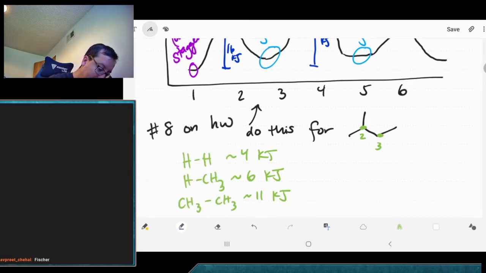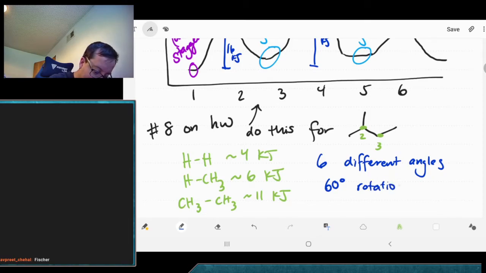So you'll have 6 different angles. Those are 60-degree rotations. You can rotate either the back or the front carbon. Take your pick. You can rotate them clockwise or counterclockwise. Take your pick. I chose back carbon counterclockwise. You could choose front carbon counterclockwise, or front carbon clockwise, whatever. It's all good to me.